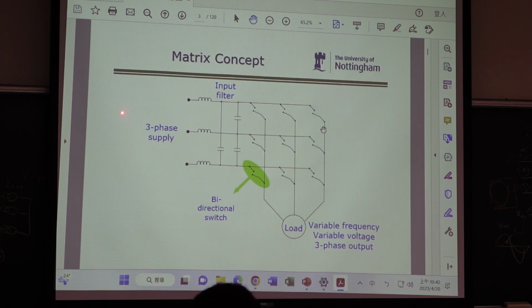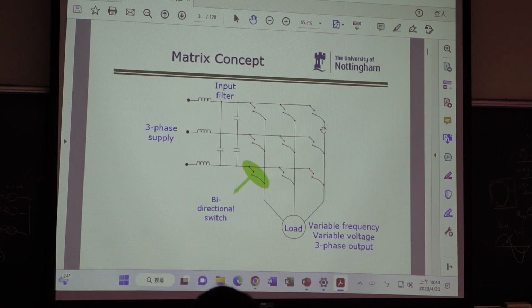So input 60 Hertz, output from 0 Hertz to 120 Hertz. So we can push the output frequency higher or lower than the input frequency. However, if we use a switch, then we create harmonics. So we still need an LC filter. So small L, small C.